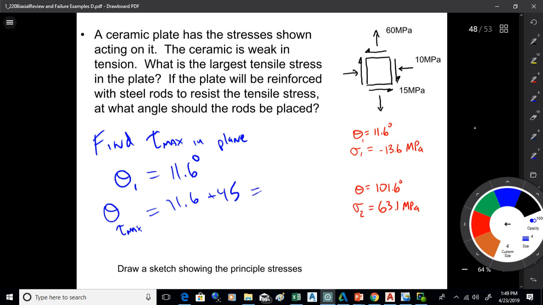And then we would have gotten 56.6 degrees, and then we would plug that into equation 26, right? You all good with that?